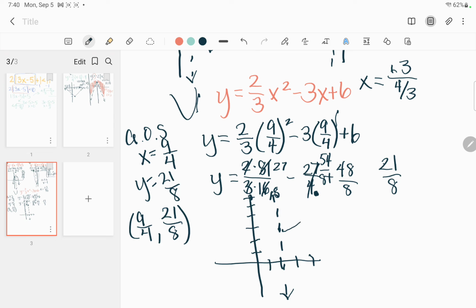And there is our parabola. So there's a couple of key points there, 4.5, comma 6, 0, comma 6, and there's my vertex 9/4, comma 21/8.